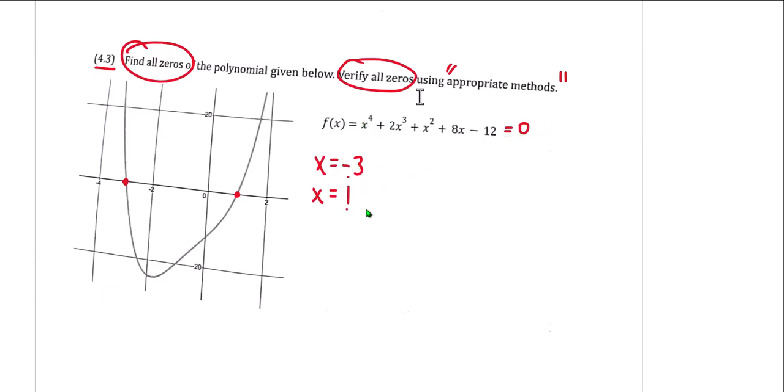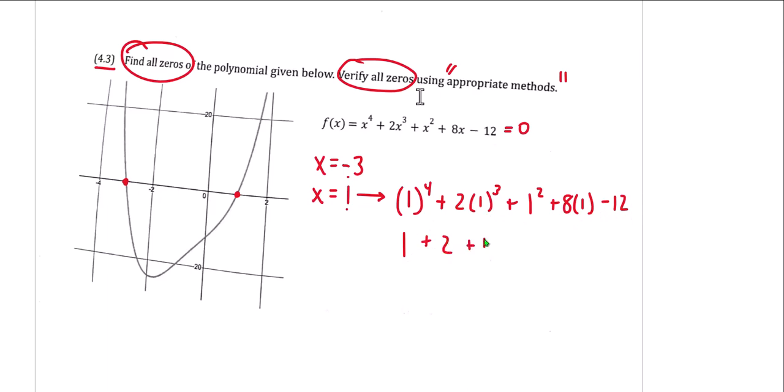In fact, let's do it that way. This one will be easiest to start with. So when we plug 1 into this polynomial function, we get 1 to the 4th plus 2 times 1 cubed plus 1 squared plus 8 times 1 minus 12. So this is just 1 plus 2 plus 1 plus 8 minus 12. 1 plus 2 is 3, plus 1 is 4, plus 8 is 12, minus 12 is 0.